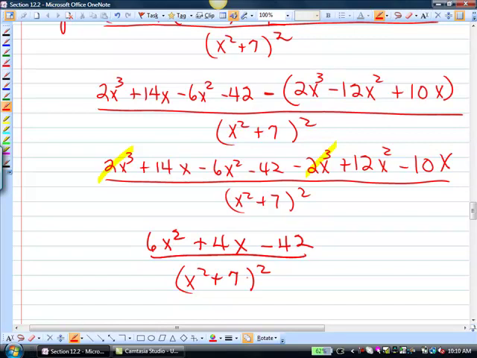Anybody see anything that we could do on the top? You could take out 2. That leaves you 3x squared plus 2x minus 21. I don't think it's going to help you much.